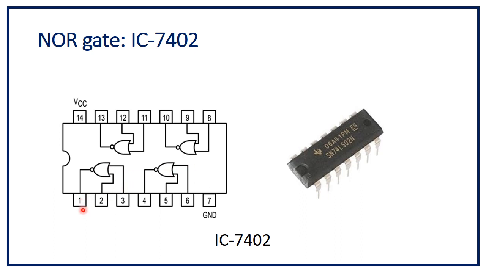Here, pin number 1 is output and 2 and 3 are inputs. Pin number 4 is output, 5 and 6 are inputs. In previous ICs, 1 and 2 were inputs and 3 was the output. So keep in mind, this was the change compared to the other ICs. The IC number of the NOR gate is 7402.